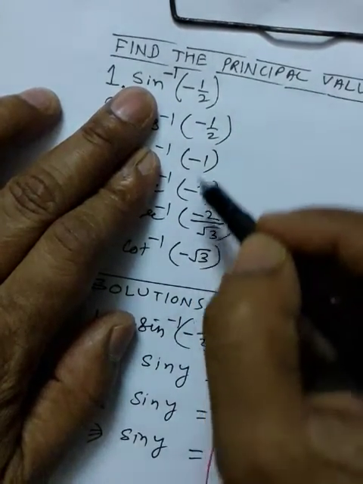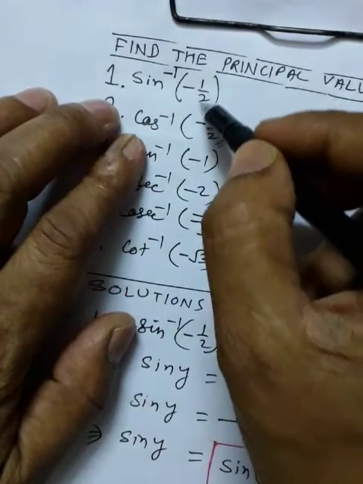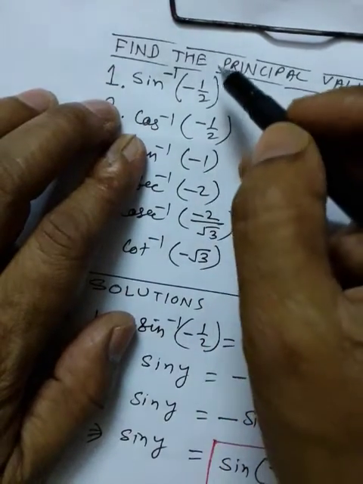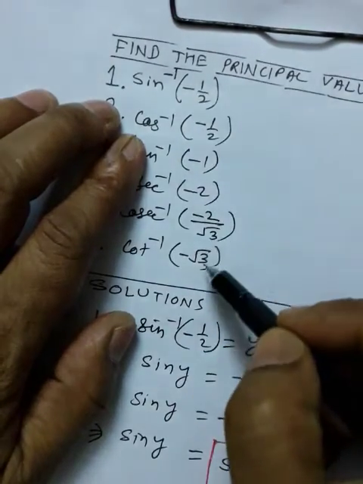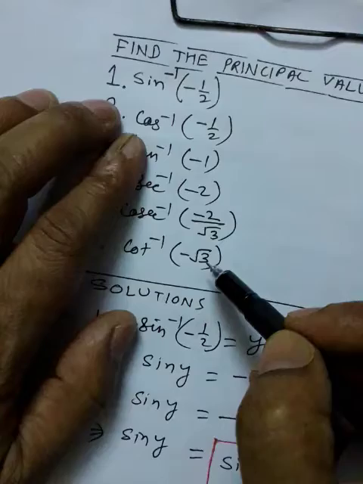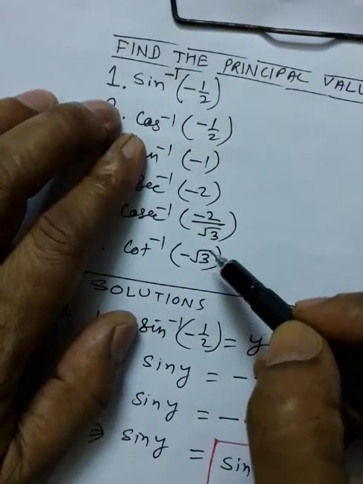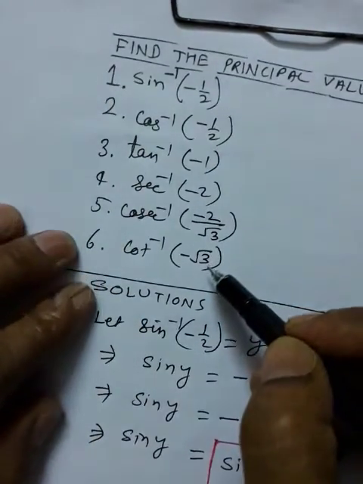So now we will study how to find them when these values are negative. Very important, because in this type of questions students have confusions. So let us solve all these 6 questions one by one.